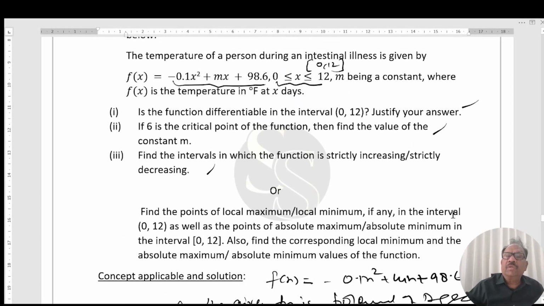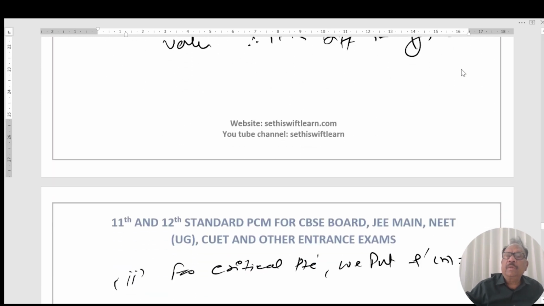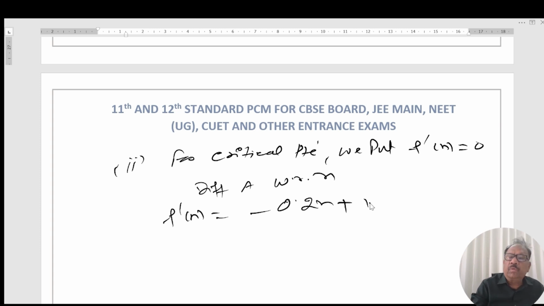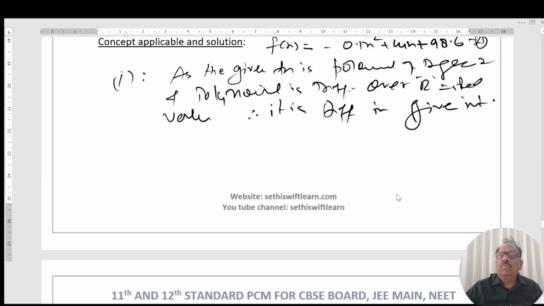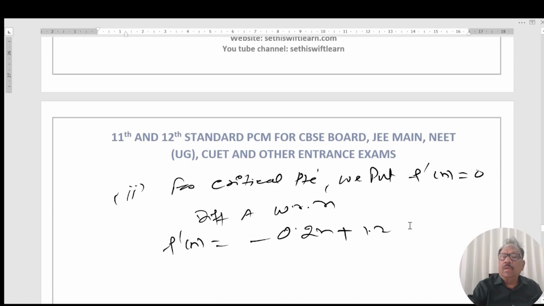Then differentiating the given equation, this equation A, with respect to x, this will become f dash x equal to minus 0.2x plus m.